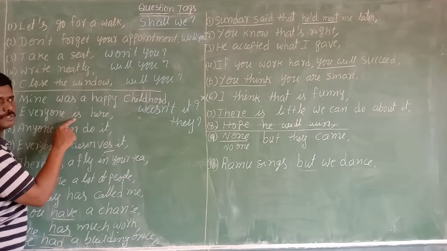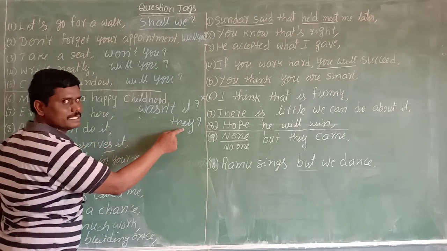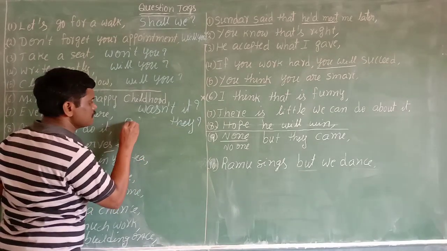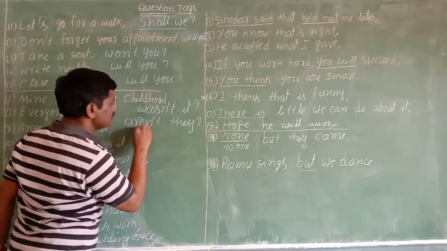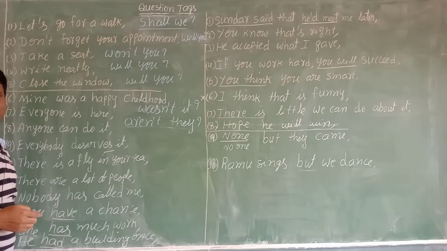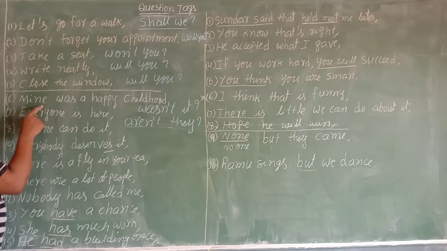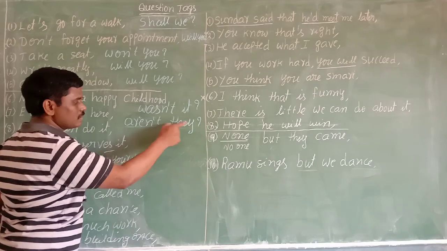Even though the given helping verb is "is", we should not use is, because it is not he, not she, not it, but they. So the correct answer is are, no negative word, contraction: aren't they. This is very, very important. You understand, friends? Once more, when the subject begins with everyone, everybody, anybody, anyone, something like this, in the question tag we use they.